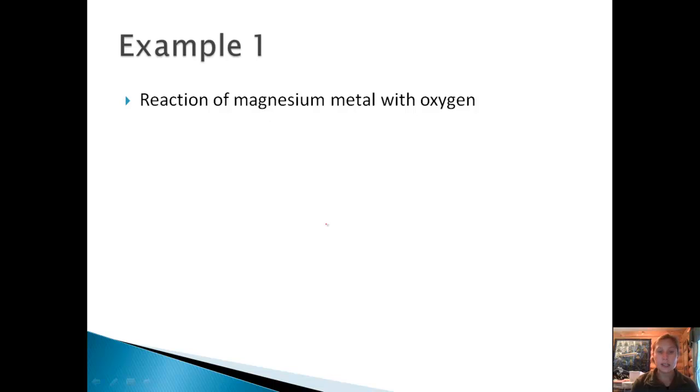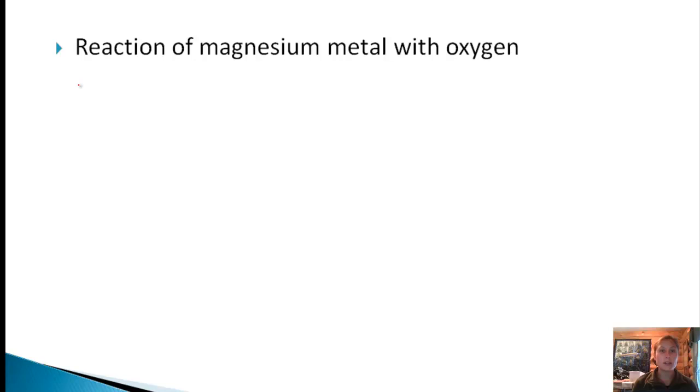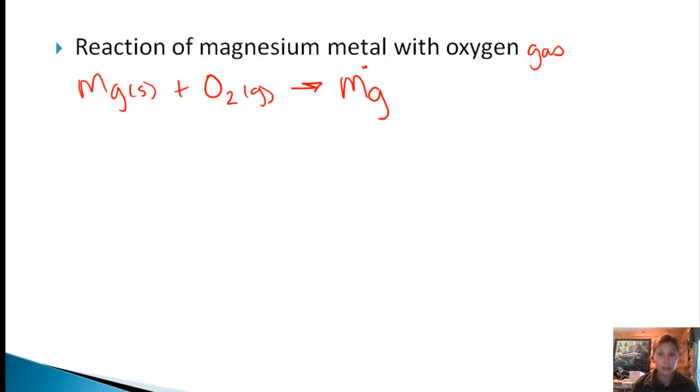Okay, so let's look at an example. We have a reaction of magnesium metal with oxygen. Magnesium is a metal, so it's a solid. Traditionally it's going to be oxygen gas, and because oxygen is a diatomic, it's O2 and it's a gas. We know the charge on magnesium when it becomes a cation is 2+, and the charge on oxygen when it becomes an anion is 2-.